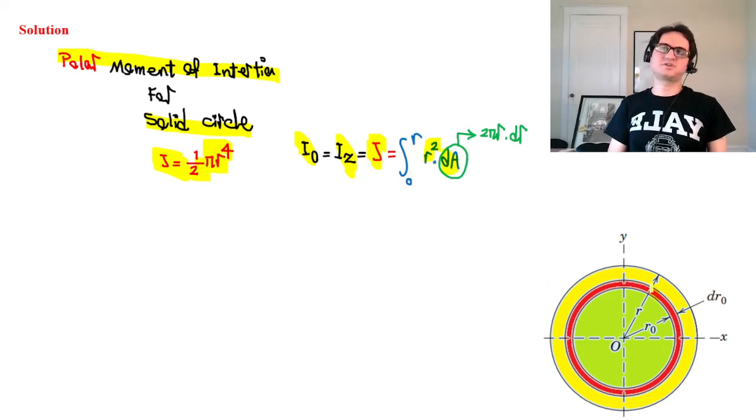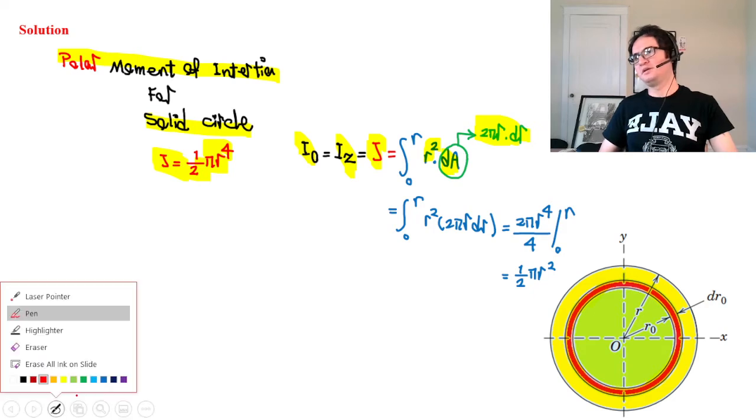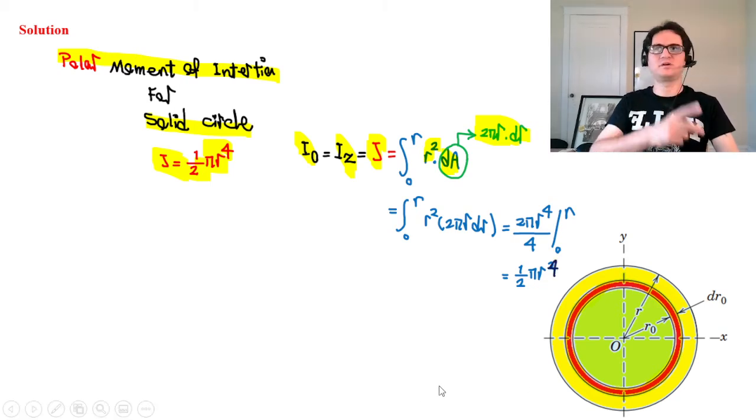Our dA is just a narrow strip of this reddish circle, so that's 2 pi r dr. If you replace the integration, it gives you a half of pi r to the power of 4, because r squared is the area.